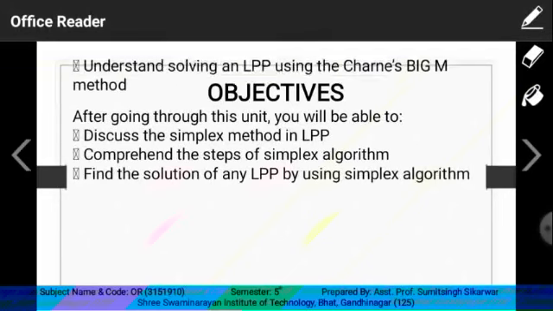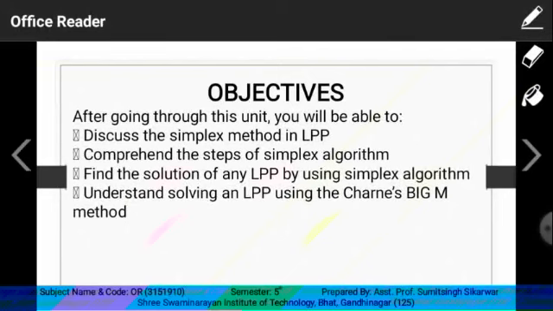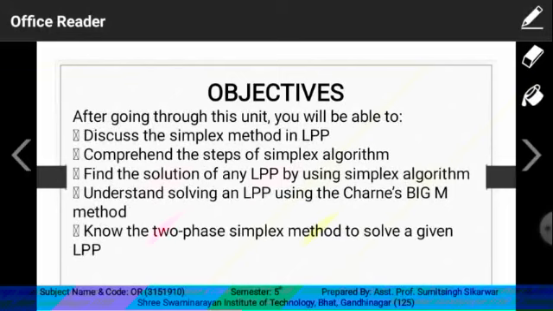We'll understand solving LPP using the big M method. We'll also come to know the two-phase simplex method to solve a given problem.